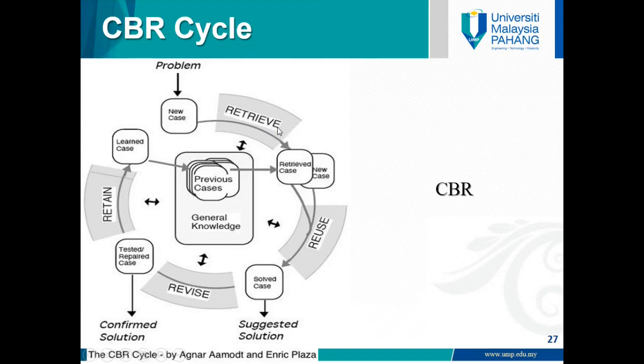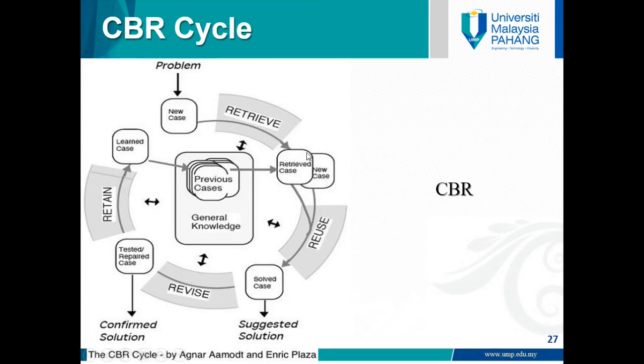What we do in the retrieve stage is retrieve the most similar cases to the new problem from the case base, which stores the previous old cases along with their solutions. So the outcome of the retrieve stage is the retrieved cases that are similar to the new problem.